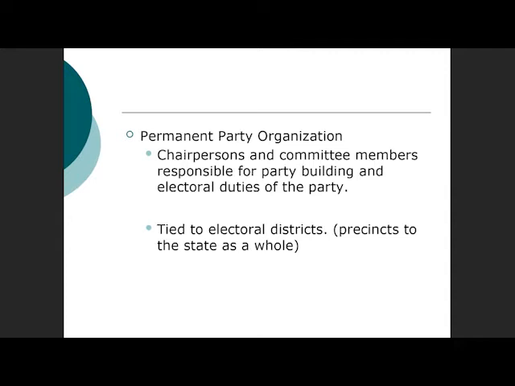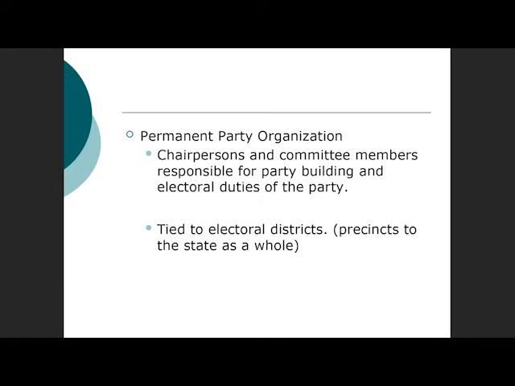The permanent part of the organization are those people who hold positions within the party that they're either elected or appointed to. There's the secretaries within the party, the chairpersons, the committee members within the party that are responsible for developing policy or perspective or something for the party as a whole.